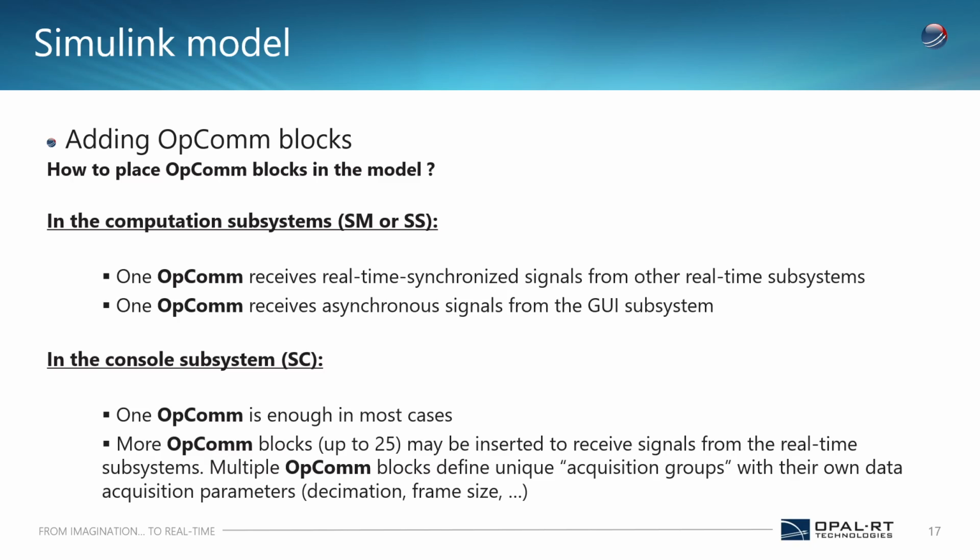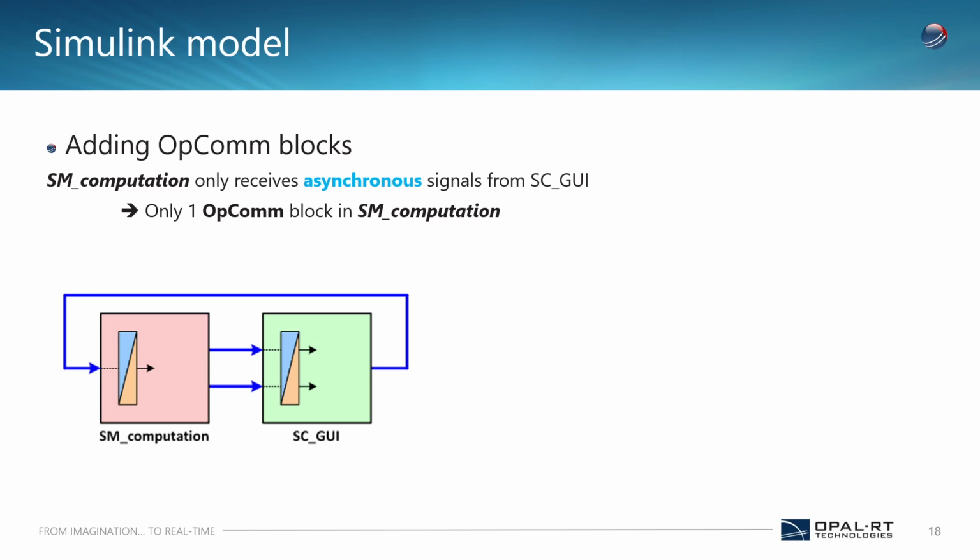In most cases, more OPCOMM blocks, up to 25, may be inserted to receive signals from the real-time subsystem. Multiple OPCOMM blocks define unique acquisition groups with their own data acquisition parameters. So the SM computation only receives an asynchronous signal from the SC underscore GUI, and there is only one OPCOMM block in SM computation.